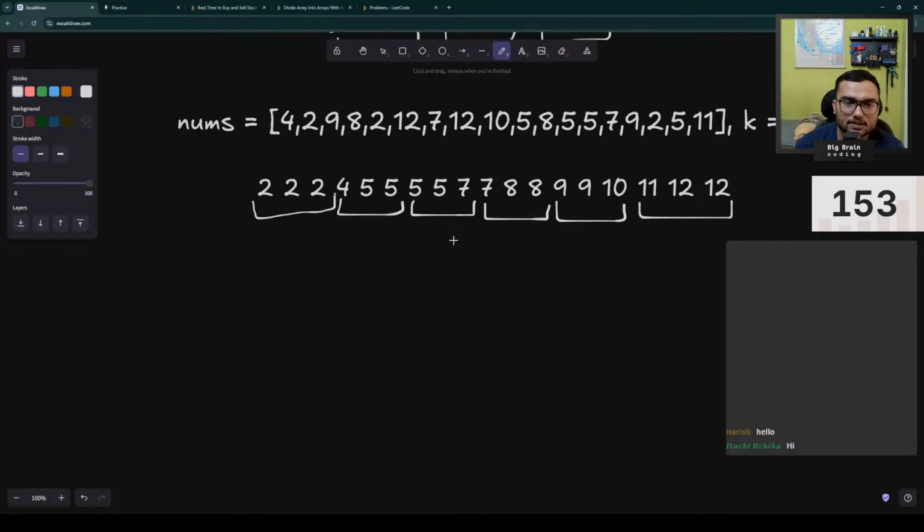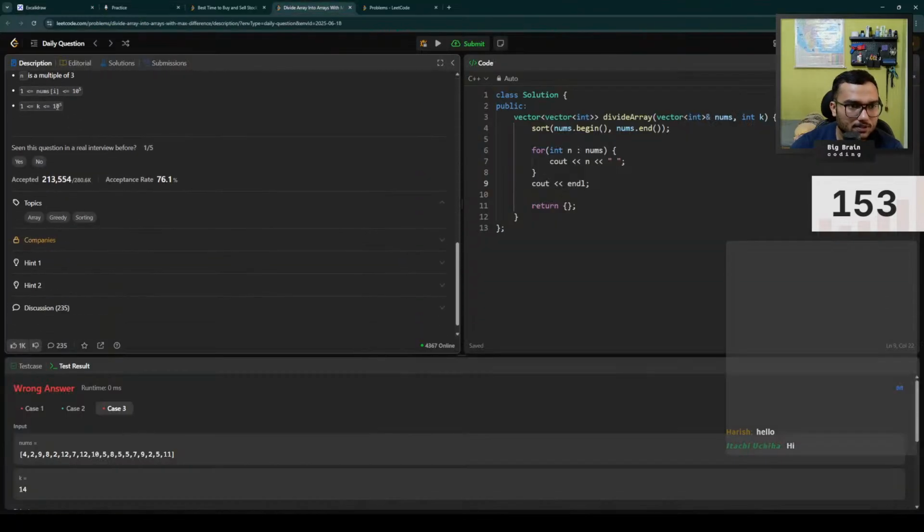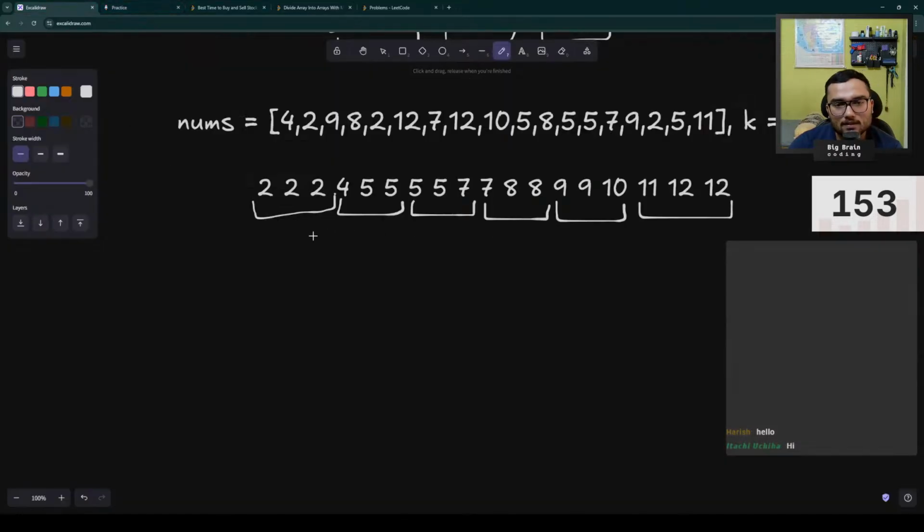Why is it a sliding window? Yeah, that's a good point. In sliding window, is it just this? I mean, no, it's not sliding window. It's something else. Greedy sorting. It makes sense to do it this way.